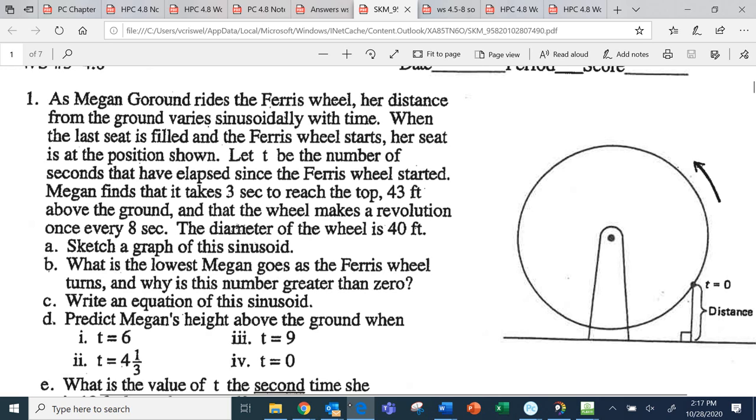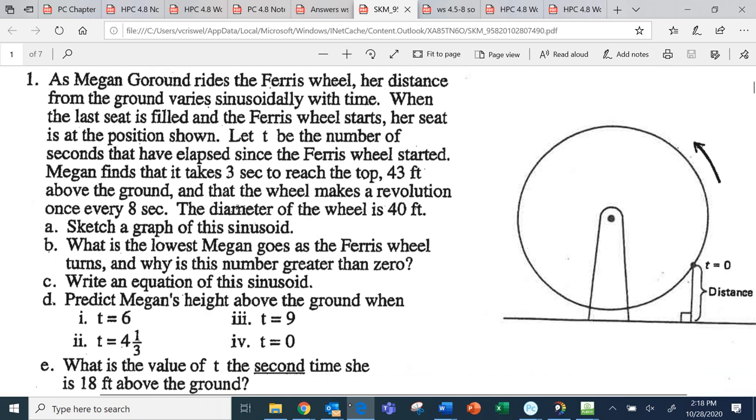We're going to sketch this graph, and we're going to answer what is the lowest Megan goes as the Ferris wheel turns, and why is this number greater than 0? I really think without a graph we can answer question B. I've seen a Ferris wheel before. Why is the lowest she rides, which is, if you can see where my cursor is right now, why is the lowest she rides bigger than 0?